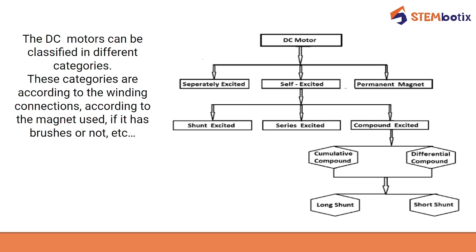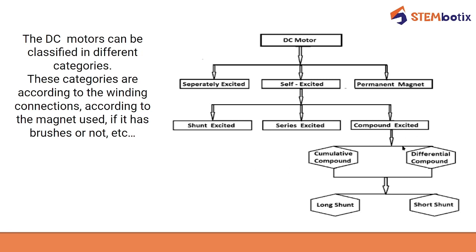One classification of DC motors is shown here. These are the three types of DC motor: separately excited, self excited, and permanent magnet DC motor. In self excited DC motors, there are three different types. The first is shunt excited, the second is series excited, and the third is compound excited.